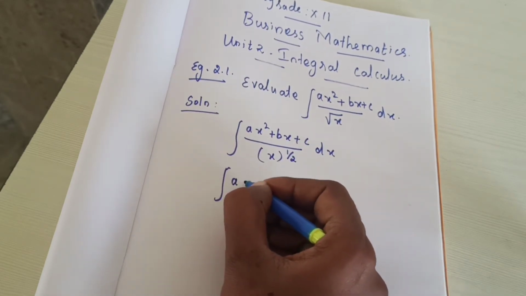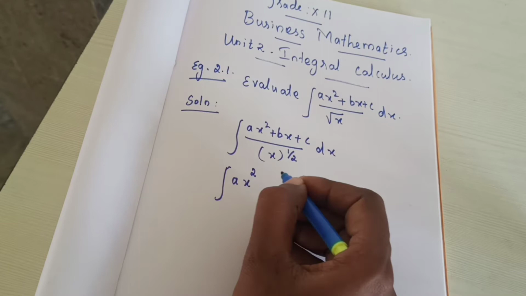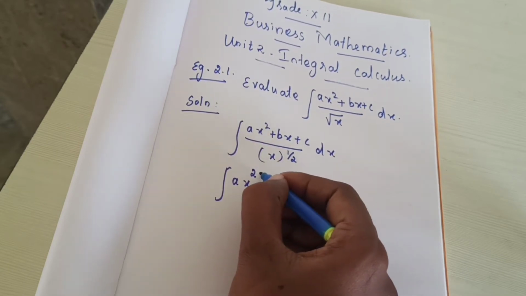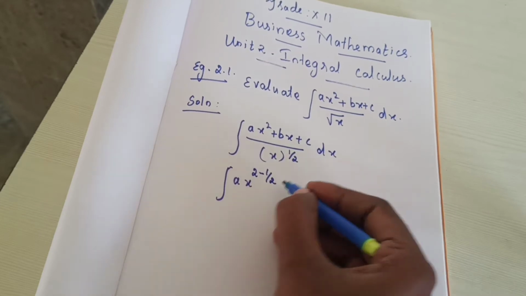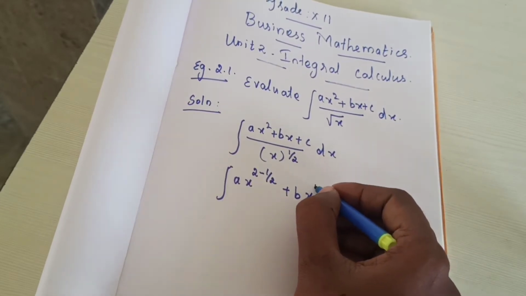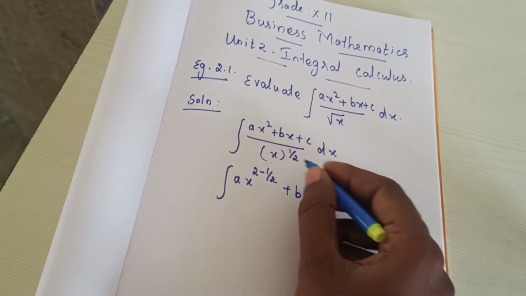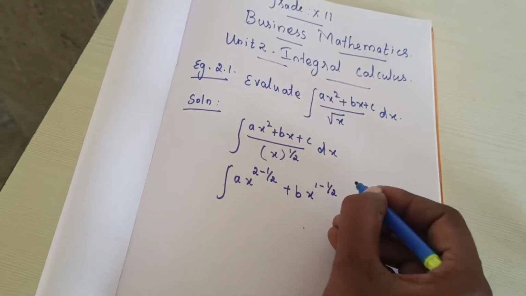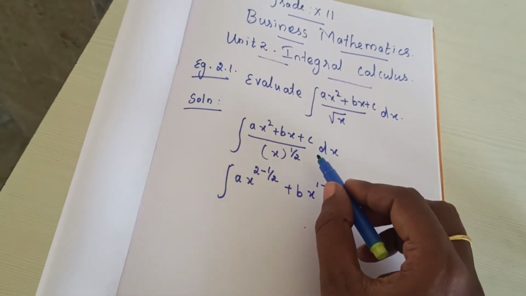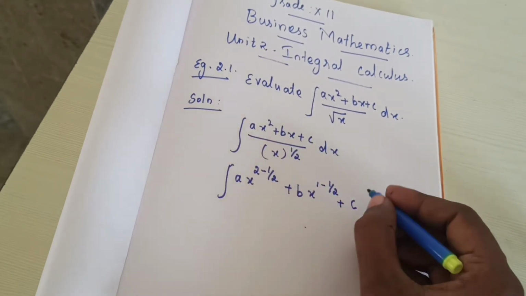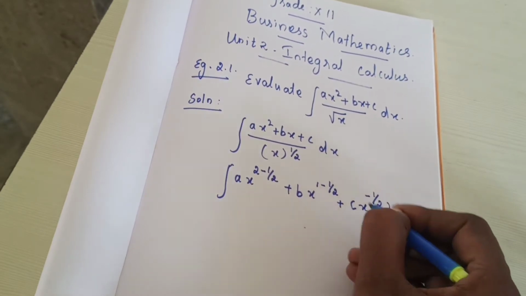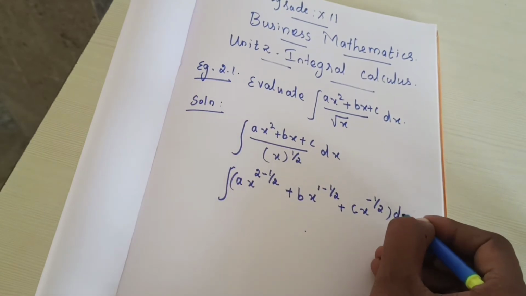Ax power 2 is already there. Bringing this power 1 by 2 to the numerator, it becomes minus 1 by 2. Plus b into x, here nothing is there means 1, bring this power to numerator, x power minus 1 by 2. Plus c into x power minus 1 by 2 into dx, for each and every term you need to bring.